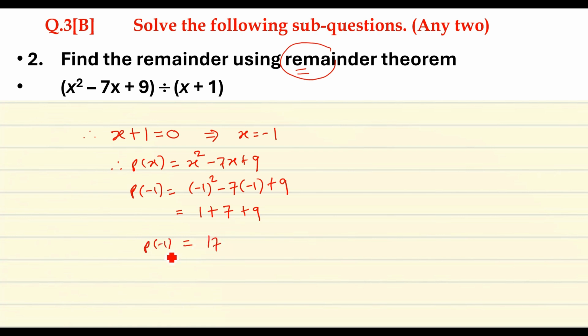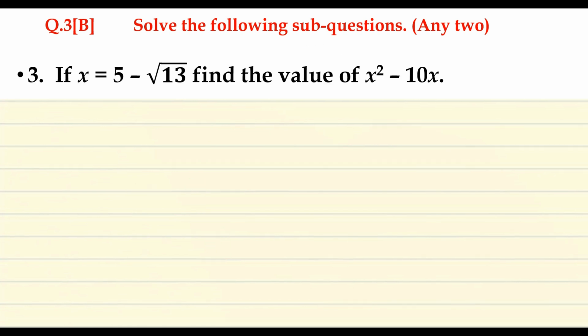Therefore p of minus 1 is equal to 17. The question asked to find the remainder. Therefore the remainder for this polynomial after dividing by x plus 1 is 17, because the remainder theorem always gives you the remainder of that given polynomial.